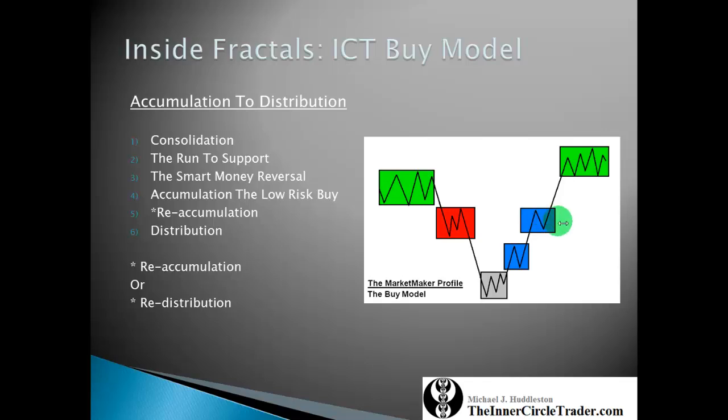And again, the initial consolidation is kind of like what we learned already about crouching above an order block. Okay, and this area in here where we have a run to support, that is absolutely what you're anticipating. This is the consolidation above an existing order block, and then you'll see a move sharply lower into a support level.